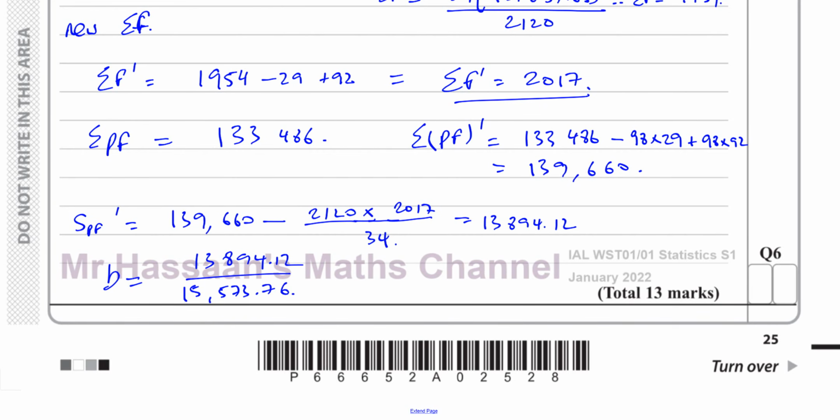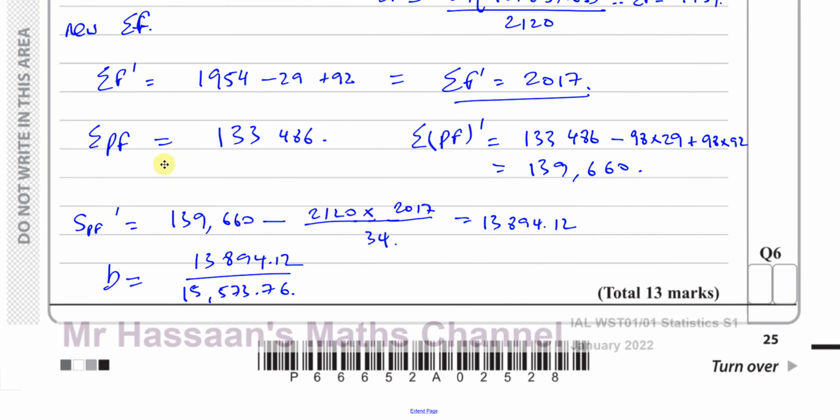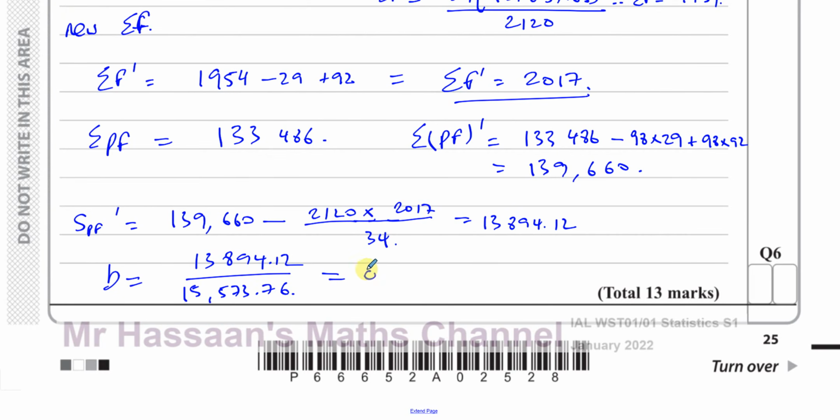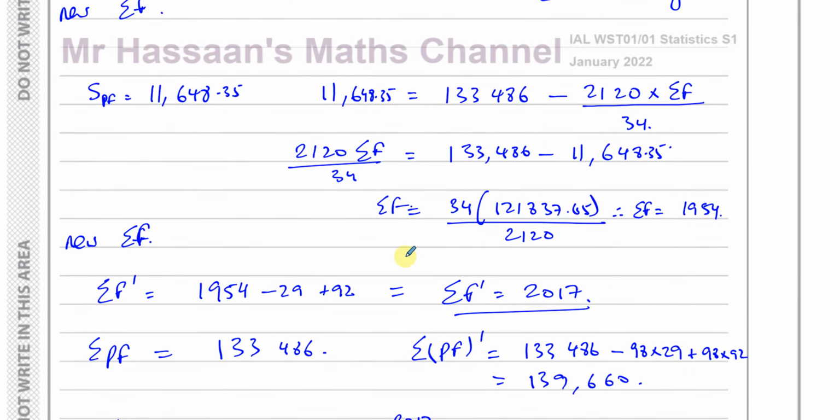Let's just move this out of the way. And that will give us our new gradient. So we've got this value divided by 15,573.76, and that gives us 0.892. That is the new gradient. Okay, and that concludes this question.